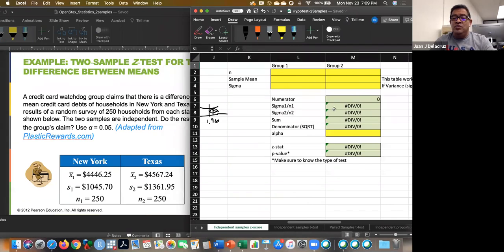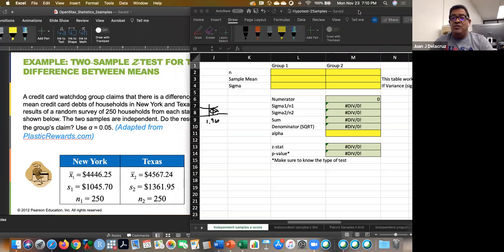All we need to figure this out is to fill this out. We need the sample size of group 1, sample size of group 2. We need the sample mean, the X bar, and we need either the sigma or the standard deviation of the sample when the sample is greater than 30 and follows a normal distribution.